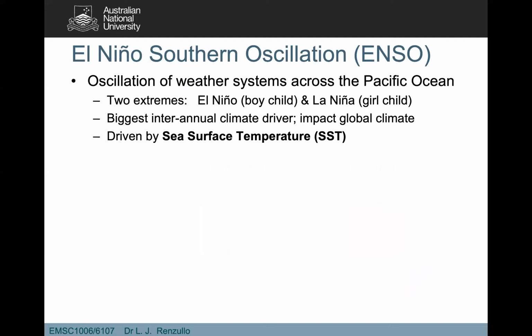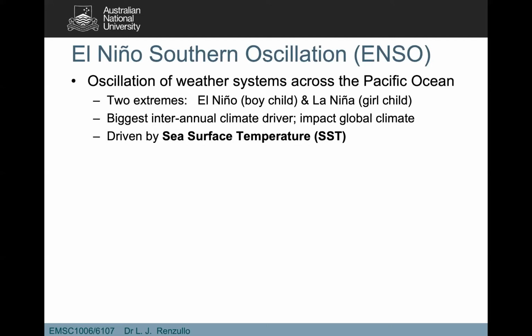So one of the indicators that we'll talk about is related to the El Nino Southern Oscillation. It's a weather system that spans the Pacific Ocean. It has two extremes, El Nino, which is Spanish for little boy, and La Nina, which is Spanish for little girl.